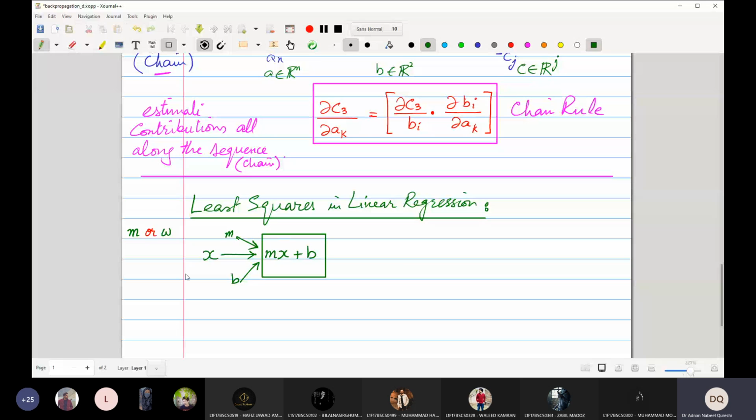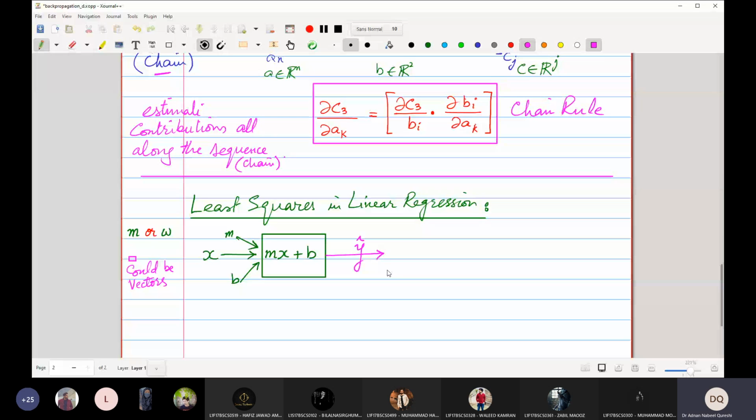So m or x, these could be vectors. यहाँ मैं लेफ्ट पे लिख देता हूँ, इस तरह से लिख देते हैं, could be vectors. Now, the output of this, we said that we will call it the y hat.